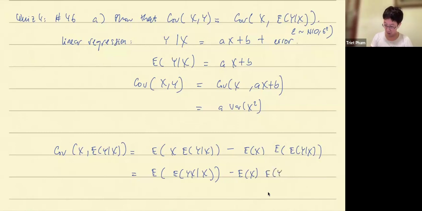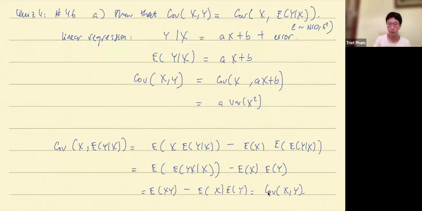So that's just an expectation. But this, yet again, is a double expectation. So it's just, which of course we recognize as the covariance. Any question?